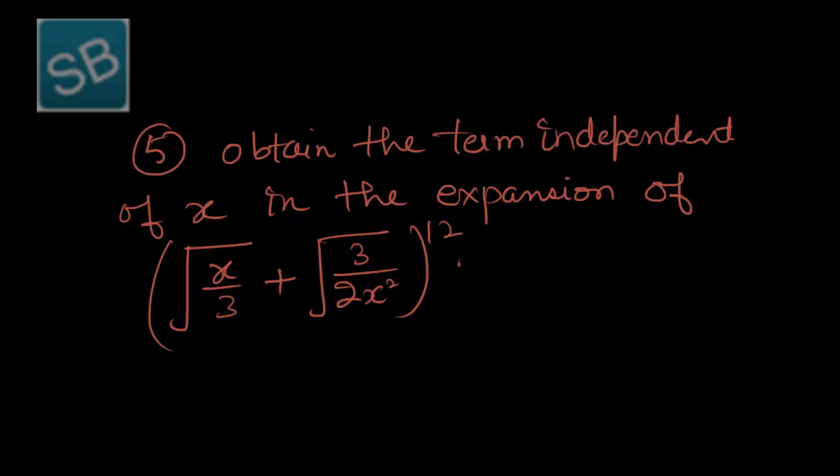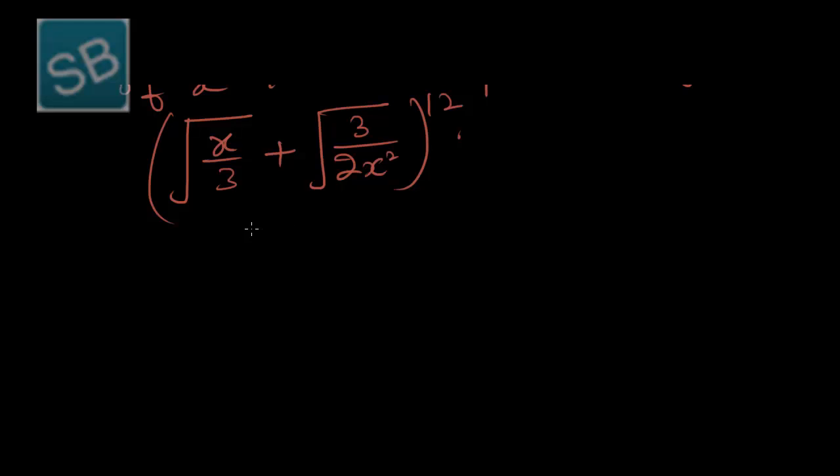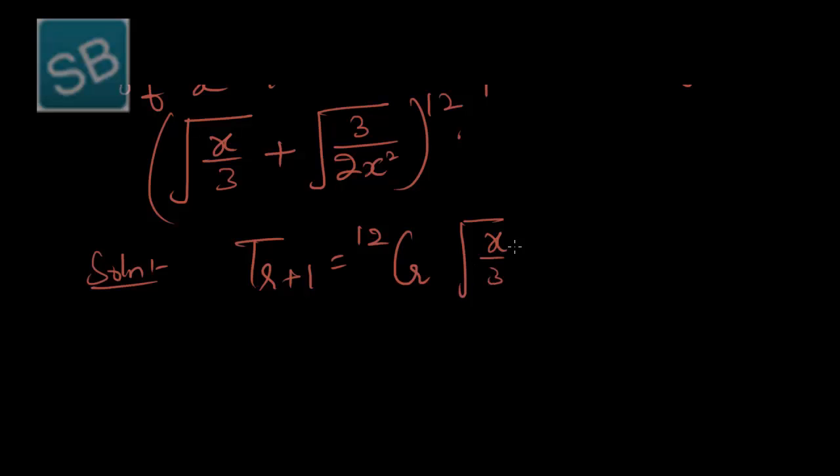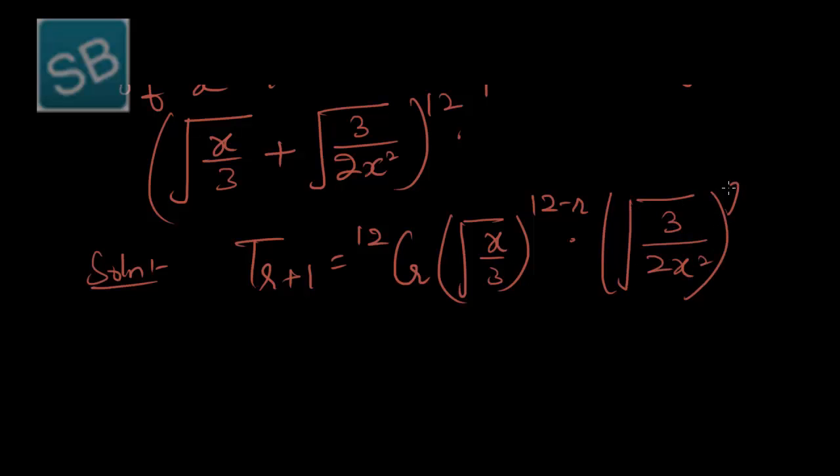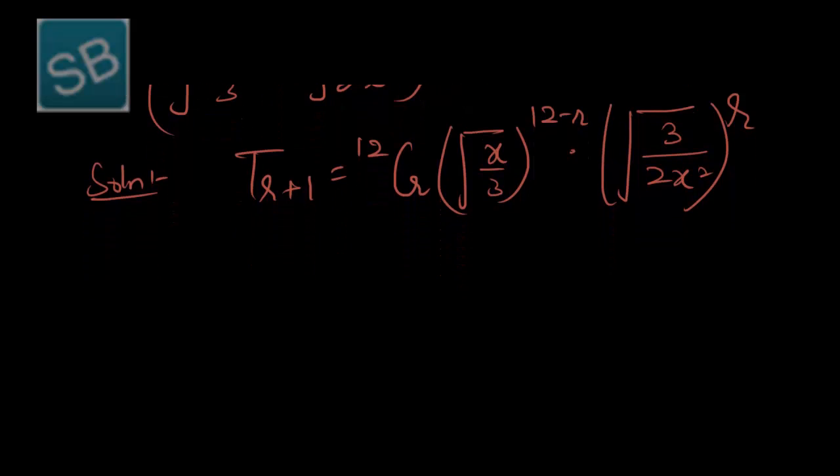Independent of x means constant term. So here T of r plus 1 is nCr, that is 12Cr. a is under root x over 3 raised to power 12 minus r, into b which is under root 3 over 2x square raised to power r. So just do the calculation very carefully.